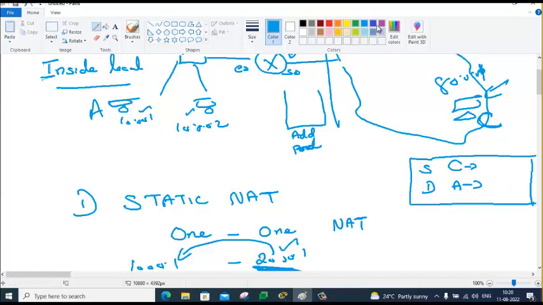What happened? You lost connection? That's why you didn't answer. I was talking to you. Okay, now the question is, when C is communicating to A, what is the source address and what is the destination address? 80.0.0.1 is the source address.